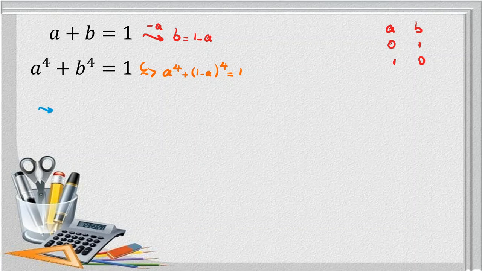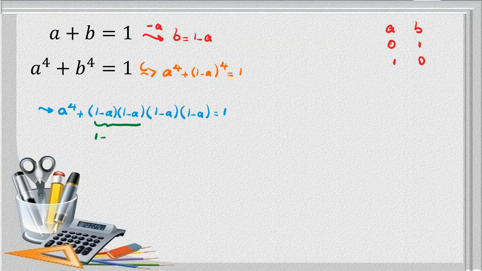We calculate it together. A to the 4 plus (1 minus A) to the 4, you should write (1 minus A) 4 times, equal to 1.